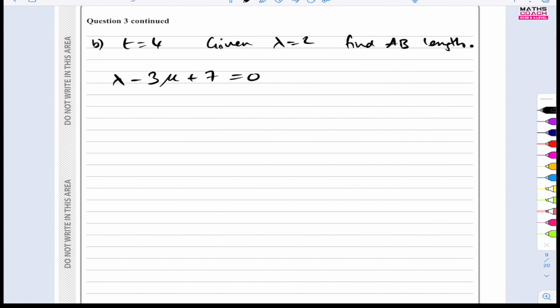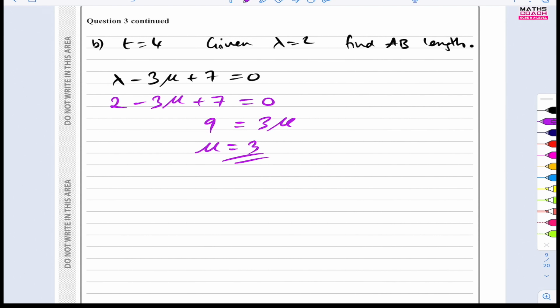All right, so lambda was 2, so that's going to be 2 minus 3 mu plus 7 equals 0. And then we can find mu from there. Can you see? We can rearrange everything. Take the 3 mu to the other side, and 2 plus 7 is 9. Then mu would be equal to 9 divided by 3, which is 3. So we've got our mu.